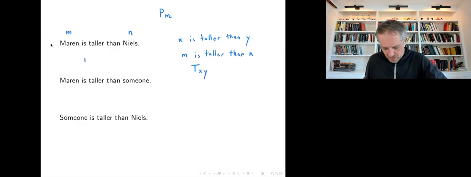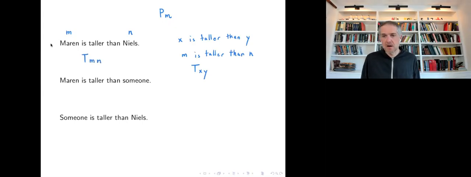The final translation of "Maren is taller than Niels" is TMN. If I put TNM, that would say Niels is taller than Maren. If I put TMM, that would say Maren is taller than Maren, which is obviously false because no one's taller than themselves.